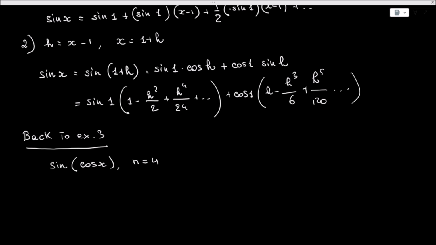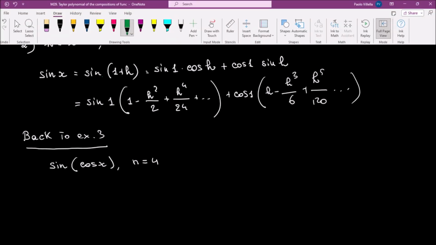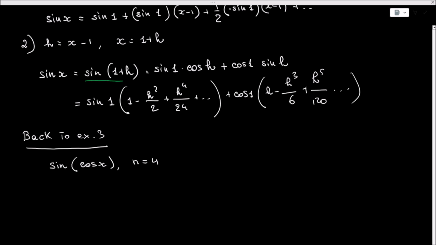And we needed the expansion of sine around 1, okay? So we will be using now one of the results that we just got in the previous example, and in particular we will be using this expression, okay? This gives the expansion of the sine function around the point 1.